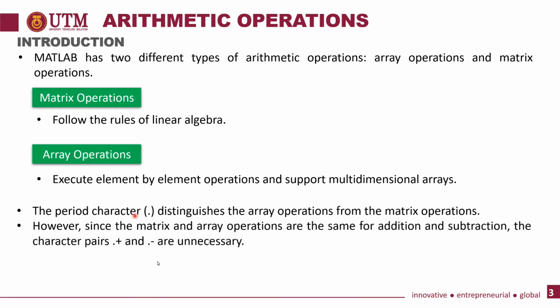However, since the matrix and array operations are the same for addition and subtraction, the character pairs dot plus and dot minus are unnecessary. So when you are executing addition and subtraction in array operations, you don't have to put a dot here. You can just directly use plus and minus.